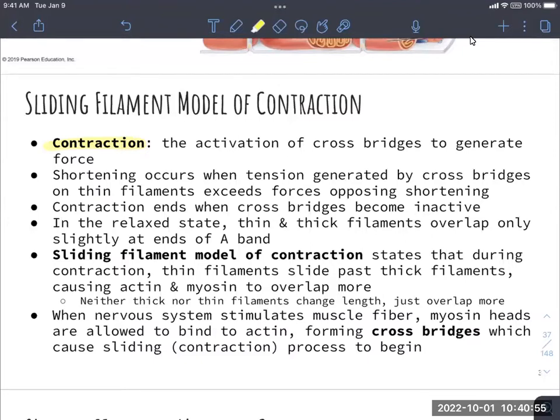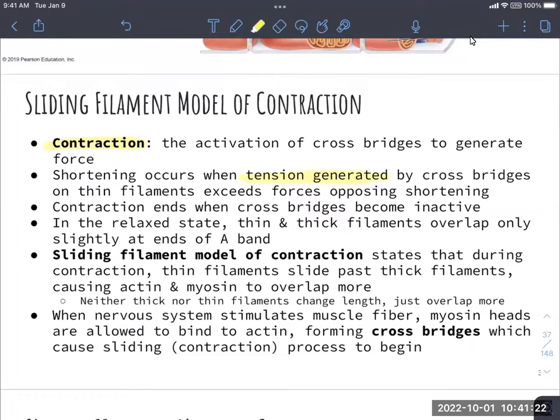So as we're forming cross bridges and moving those actin thin filaments, we are creating tension with every cross bridge we make, as those thin filaments keep sliding over, as those thick filaments, those myosin filaments, are pushing them over.